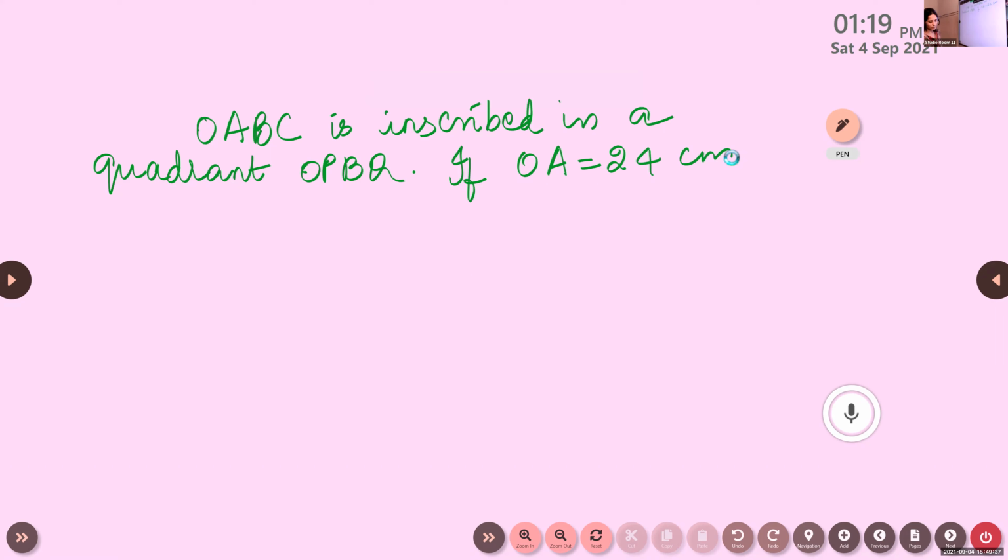If OA is equal to 24 centimeter, find the area of the shaded region.